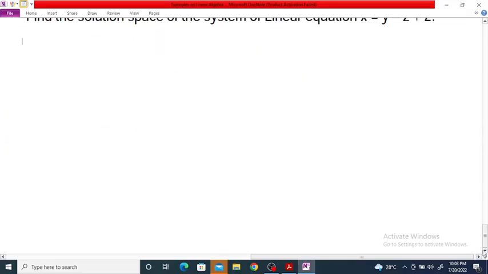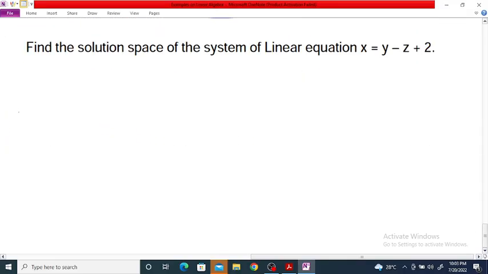So the next example: find the solution space of the system of linear equation x minus y minus z plus 2 equal to 0.